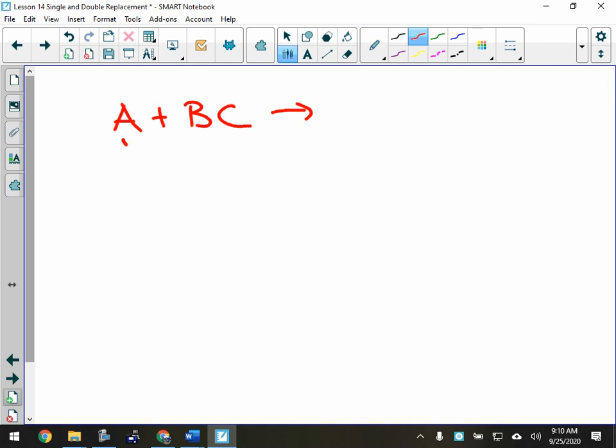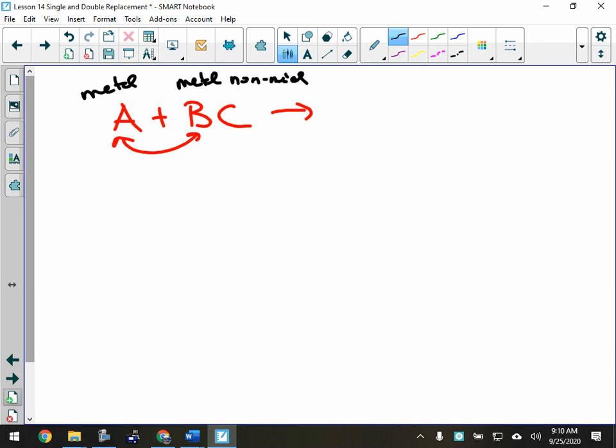The A and the B would switch, all right? The A and the B would switch because it's a metal, and the metal would switch with the metal, right? And if you want to write that down, you can, but when this is a metal here, it switches with the metal. And of course, this would be the non-metal here, yes?